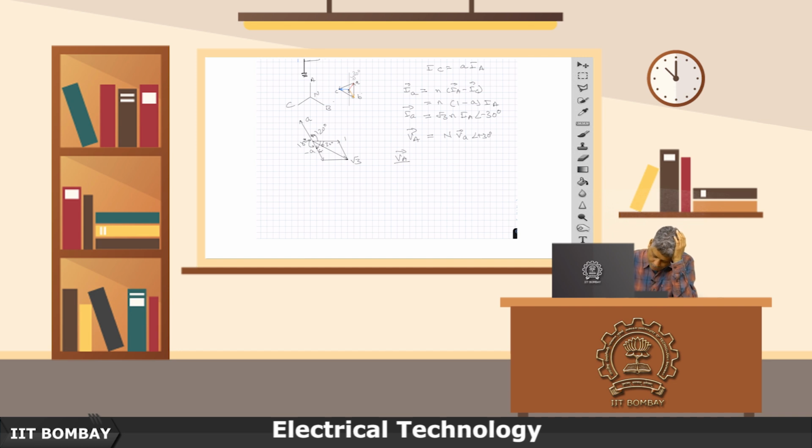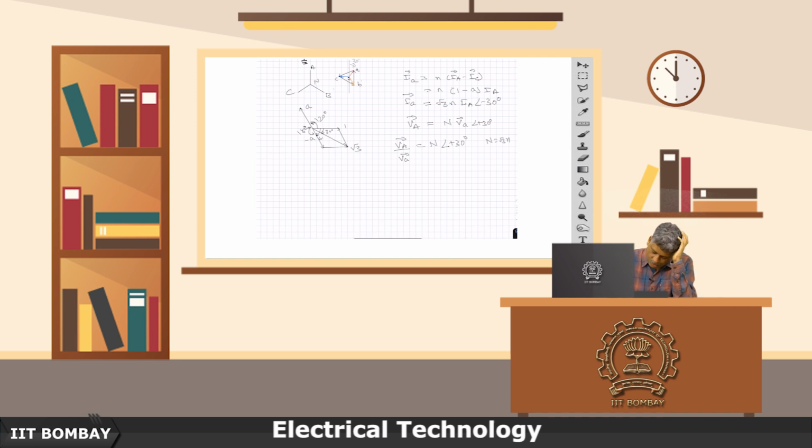VA by small va is n angle, where n is here root 3 times of small n, and IA capital, again I am writing, by small ia, which equation am I referring to? I am referring to this particular equation.